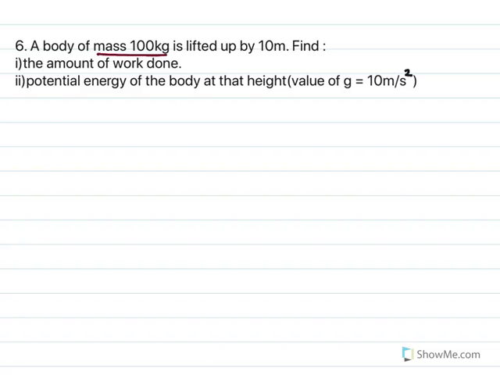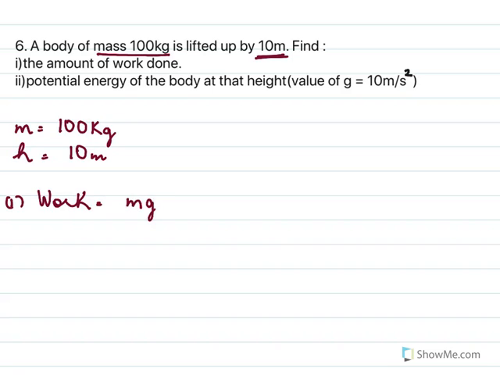A body of mass 100 kgs is lifted by 10 meters. So the height to which it is lifted is 10 meter. Find the amount of work done. So work done in lifting an object is always mg is the force and the height is a distance.